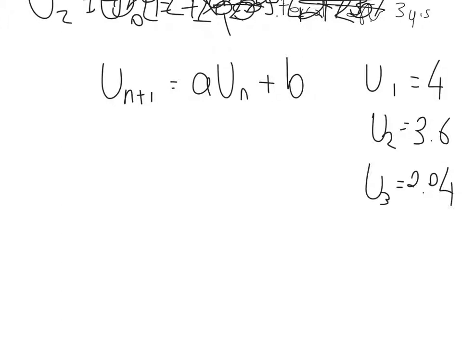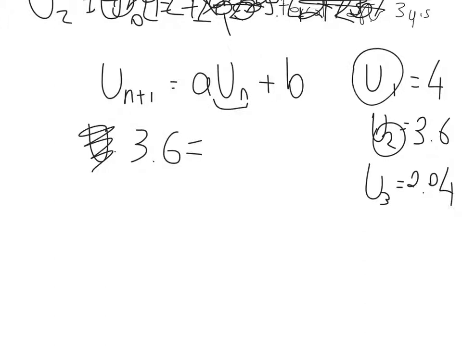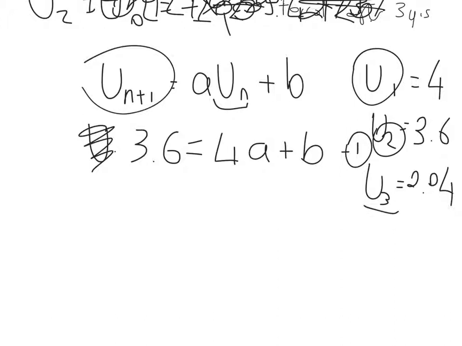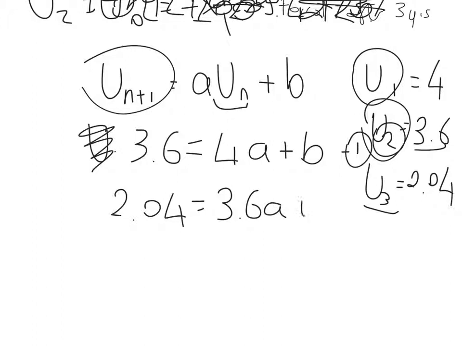If we take u2 to be u_(n+1), so that would be 3.6, then the previous term u_n would be 4, so that would be 4a plus b. That's equation 1. If we were to take u_(n+1) as u3, then that would be 2.04, and the previous term would be u2, which is 3.6, so that would be 3.6a plus b.